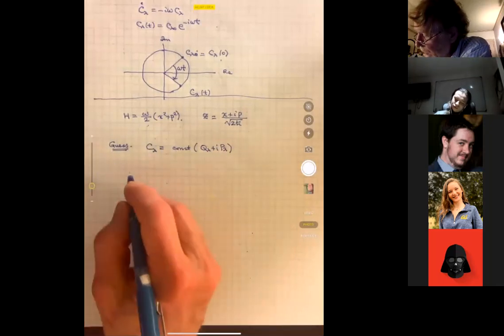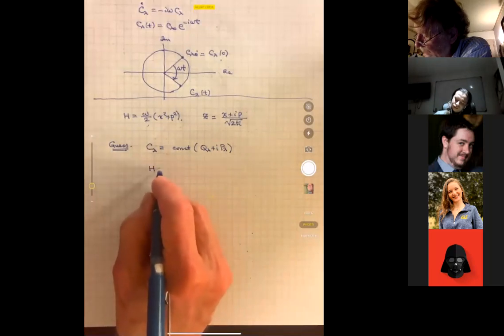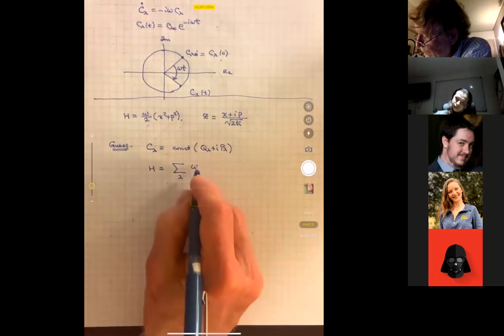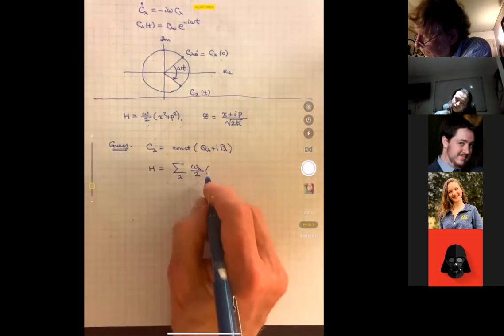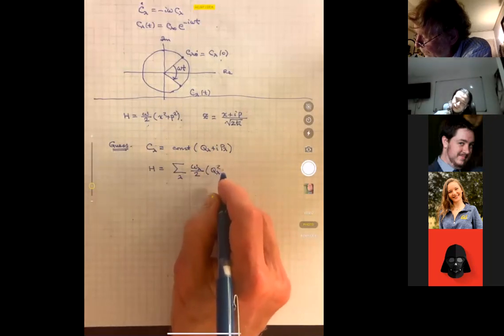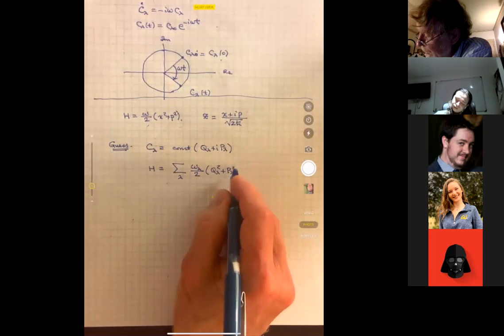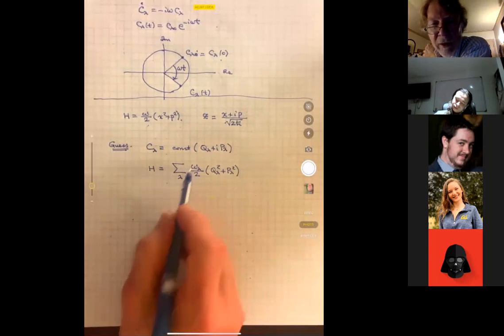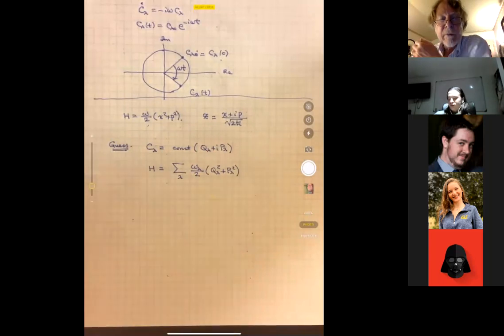And if this guess is correct, then the Hamiltonian for the electromagnetic field is going to be a sum over the modes of omega lambda over 2, where omega lambda is the frequency of the mode, times q lambda squared plus p lambda squared. In other words, there's one harmonic oscillator for each mode, and its frequency is the same as the frequency of light waves in that mode.